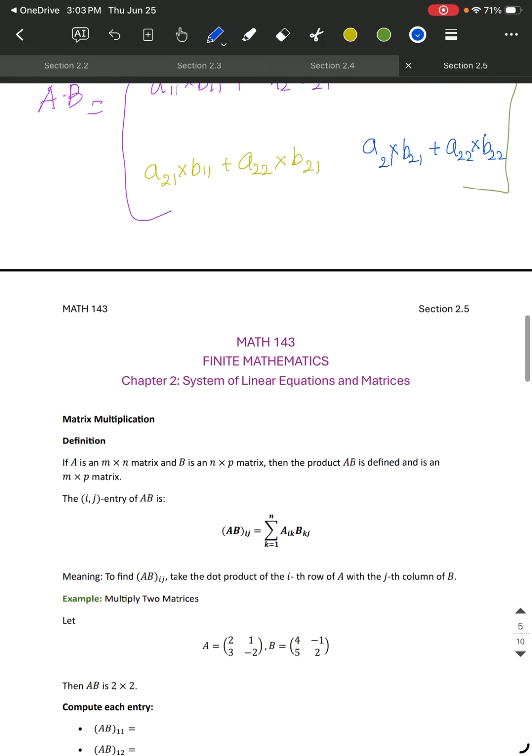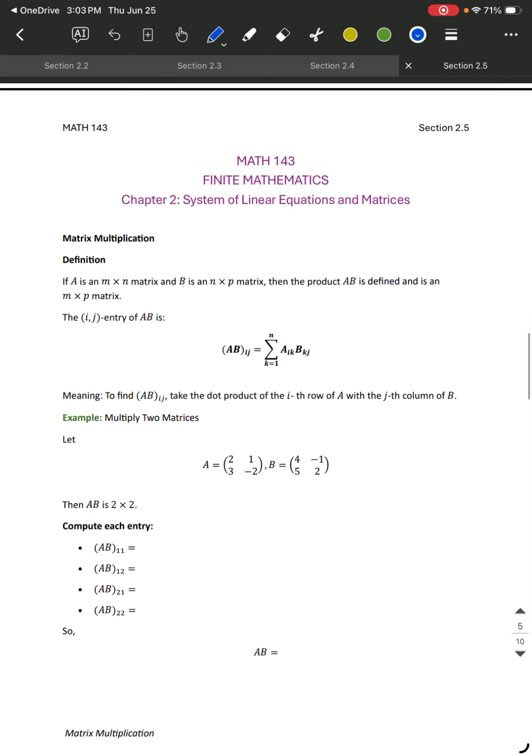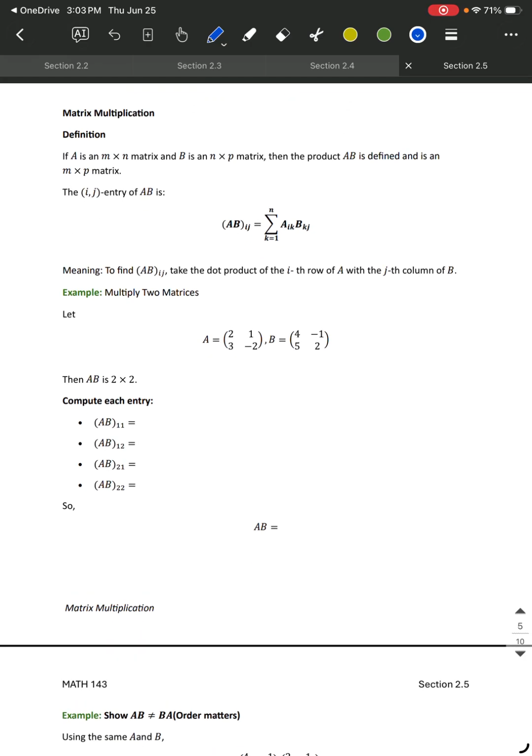Here you can see the formal definition of how to get the values. Let's go for the example. In the first example, A is a 2 by 2 matrix and B is a 2 by 2 matrix. For the first row, first column: 2 times 4 plus 1 times 5.